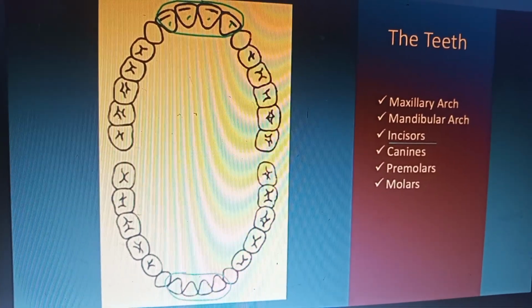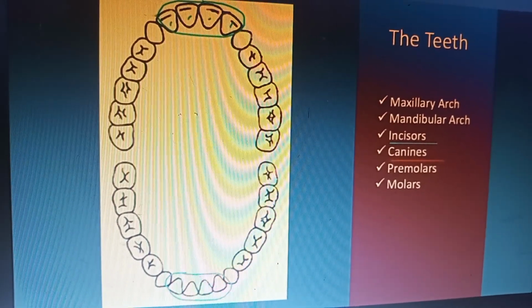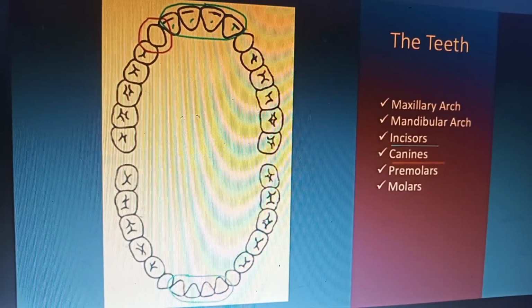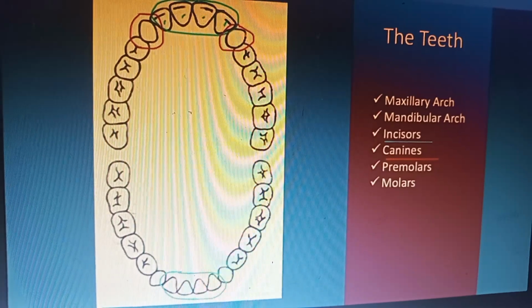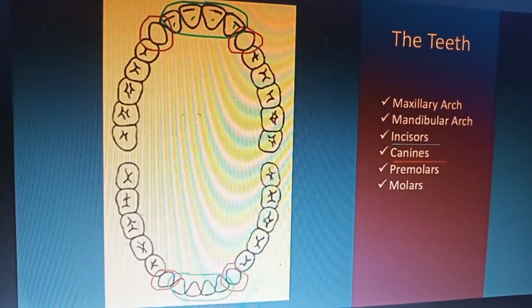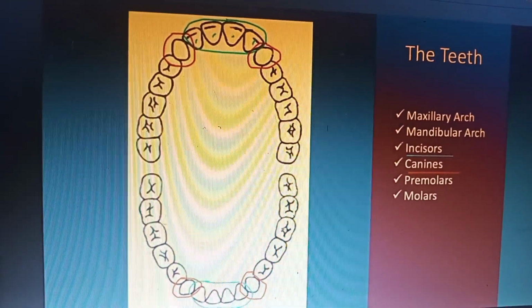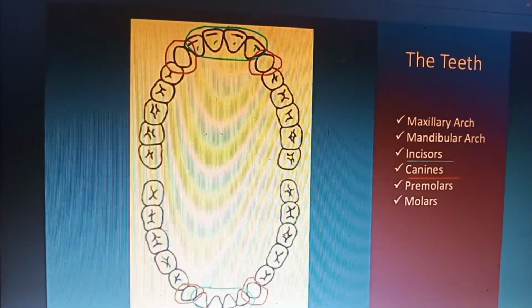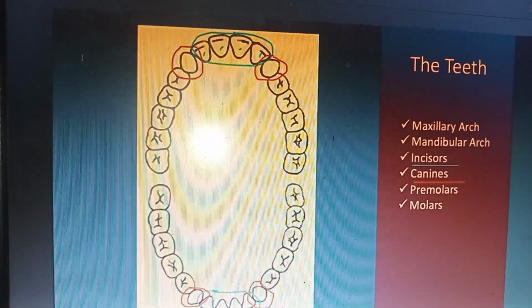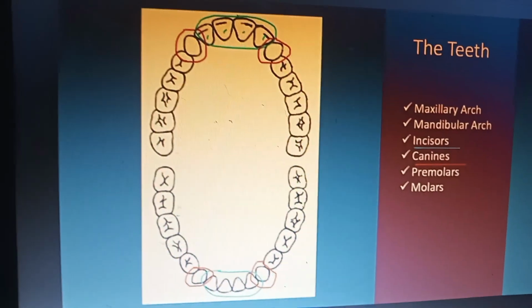The canines are next, and we have two of them in the upper arch, right next door to the incisors, and we also have two in the lower arch. They're also called the eye teeth because they're located in line with your eyes. They're used for tearing and holding food and also contribute to the aesthetics of someone's smile in the case of the upper canines.